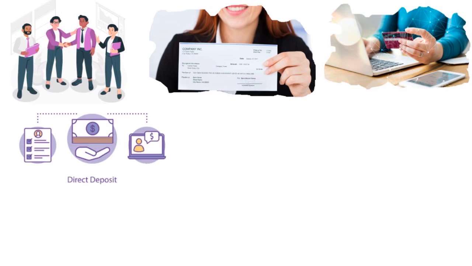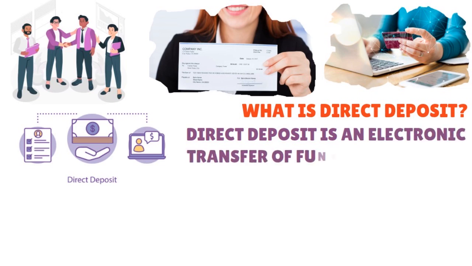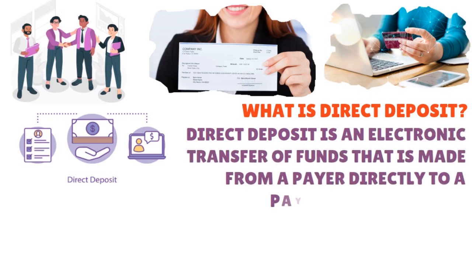Let's first go back quickly to direct deposit 101. What is direct deposit? Let's first explain what the process is before I get into the nitty gritty. When you think about direct deposit, I want you to think about an electronic transfer of funds made from a payer directly to a payee's bank account. The payer can be a company, a government organization, or an individual, really, okay?